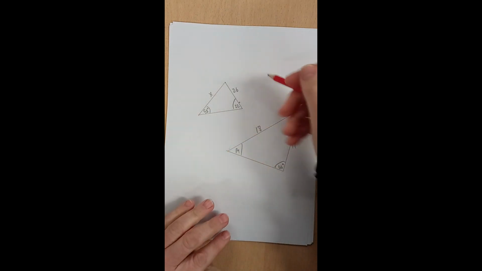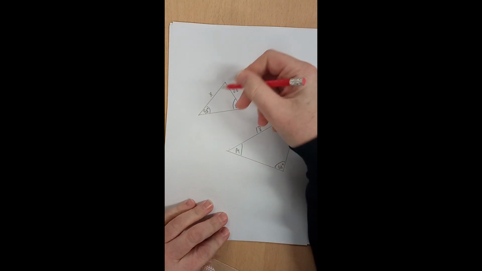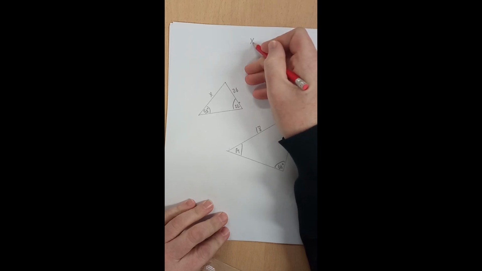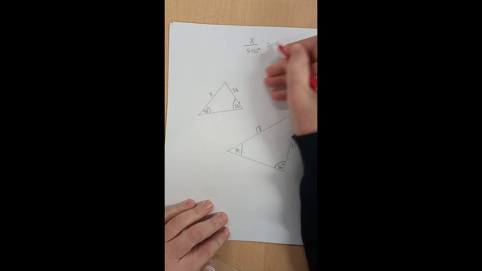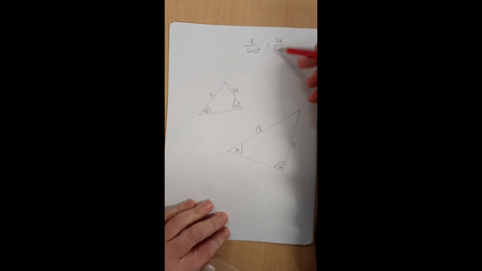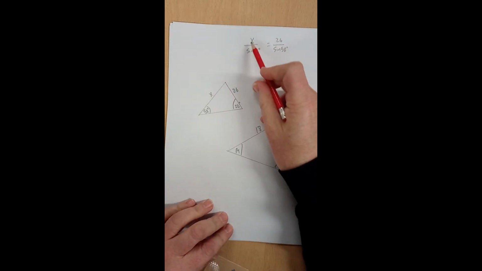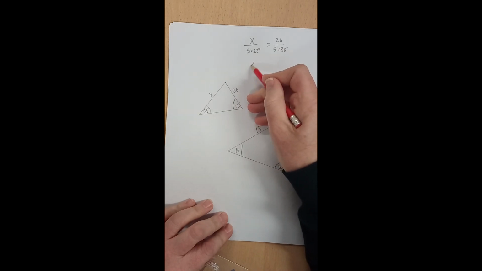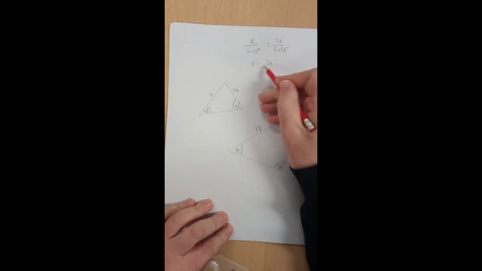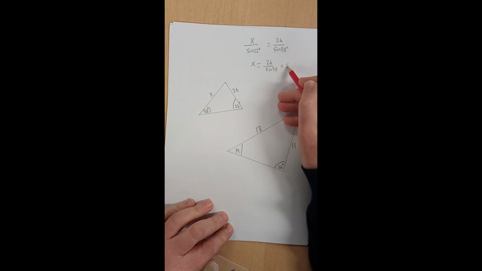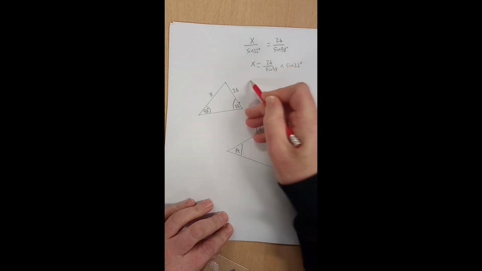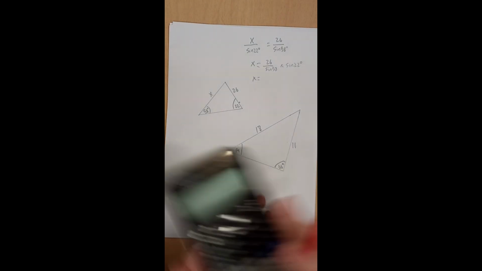Side missing. So, I'm going to set up side over sine of the angle opposite is equal to side over sine of the angle opposite. And you'll notice when you do these, you'll always have one fraction that you know. So because the side is missing, we don't change anything. Side is equal to fraction multiplied by the angle.